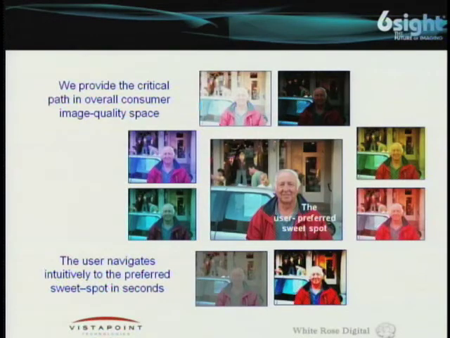So as I said, we devised this multidimensional space in which, I don't have the laser pointer with me, but going around the circle, sort of the outer boundaries of brightness, darkness, tone, contrast. The point is that if the user acquires an image anywhere within this space, we provide an entirely self-evident way for the user to navigate it back to the sweet spot in a matter of seconds.